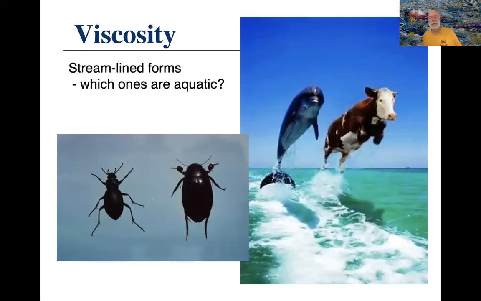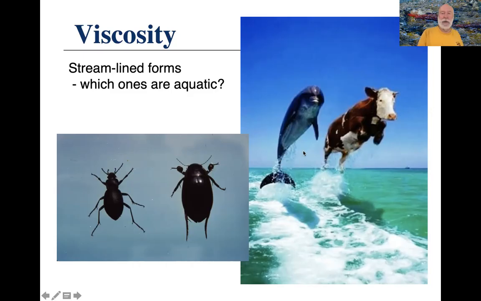Another consequence, aquatic organisms tend to be very streamlined. And it doesn't take much more than a glance at an organism to recognize which ones occur in water and which ones are terrestrial, because they commonly are very, very different in terms of their shapes. Okay, aquatic organisms are much, much more streamlined.